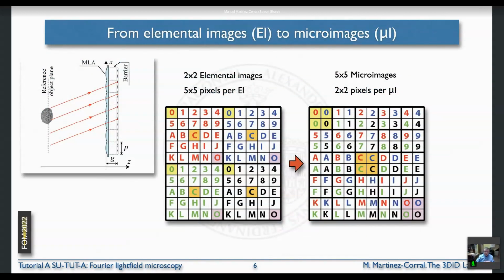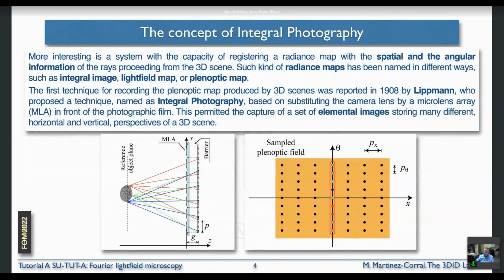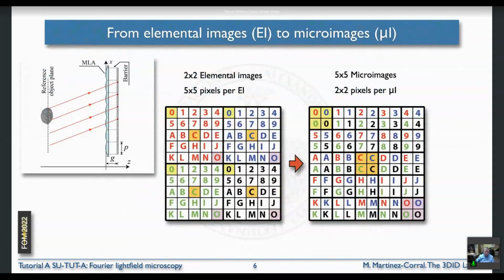So then, for example, we have here many elemental images, so many columns, many elemental images. Let us suppose that I have 4 elemental images, each one with 5x5 pixels. So then I have 4 elemental images, 4 different perspectives, but conical perspective. And then what I make now is a kind of pixel mapping.